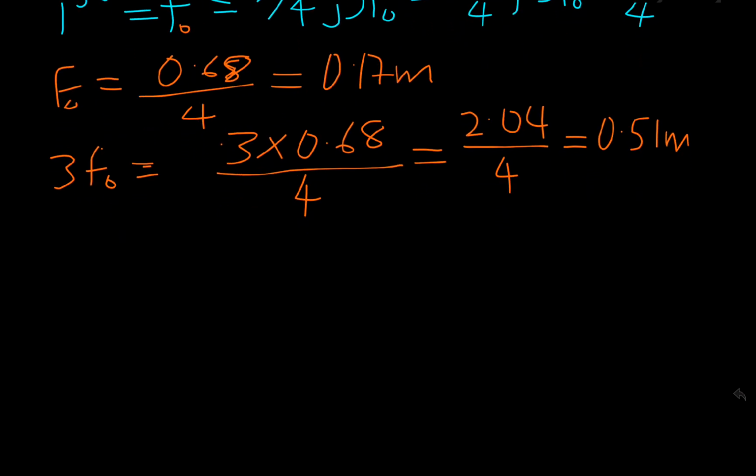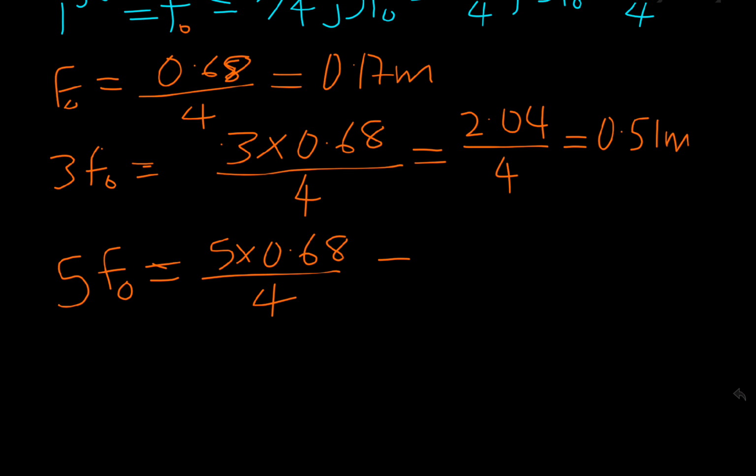Say for the last one, which is the third resonance, 5 times 0.68 over 4. So 5 times 0.68, you get 3.4 over 4.